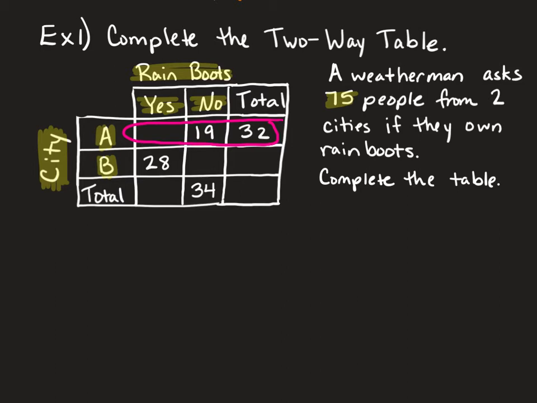Blank plus 19 equal 32. How would I figure out what that missing blank is? I could say 32 minus 19 to find out what that value is, and I get 13. So I'm just going to plug that in here. I get 13.